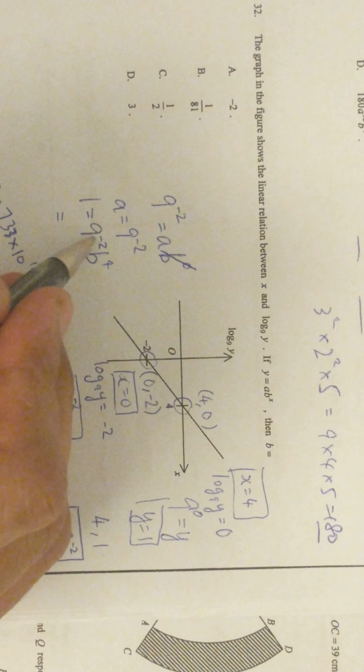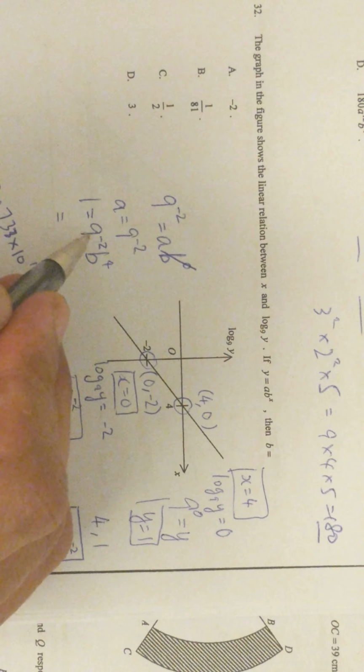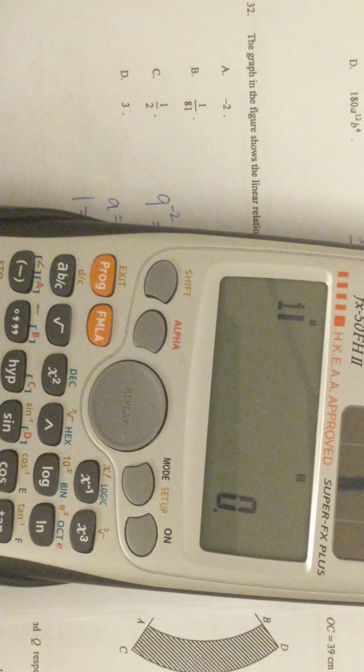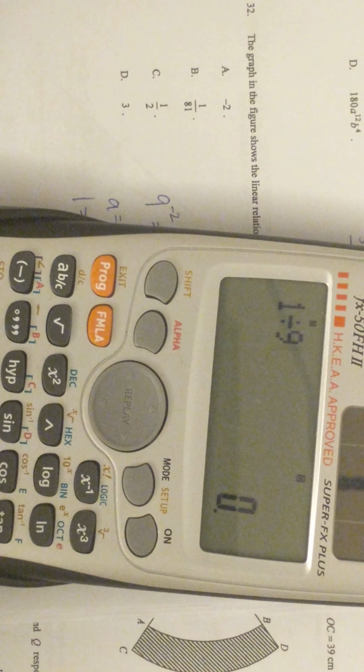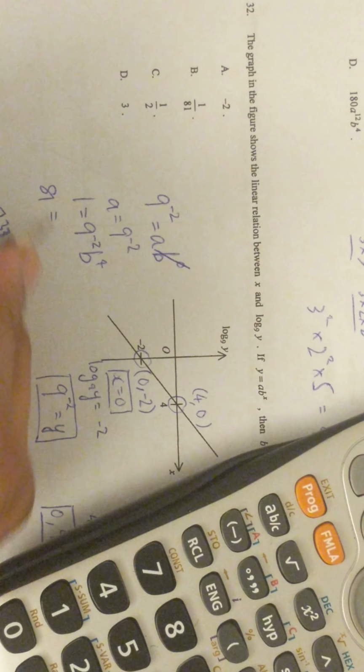So what do we do? We will divide the 9 to the power negative 2 to the other side. If you take out a calculator, 1 divided by 9 to the power negative 2, it's 81. So 81 is b to the power of 4.